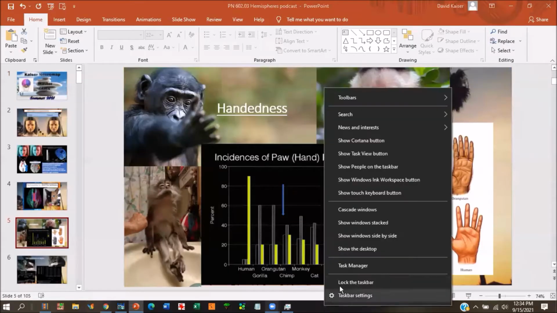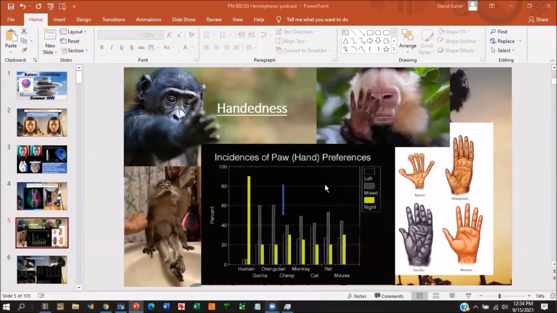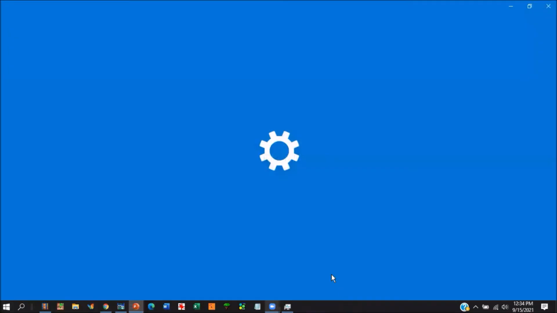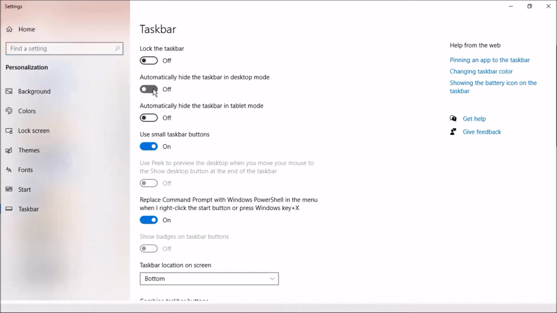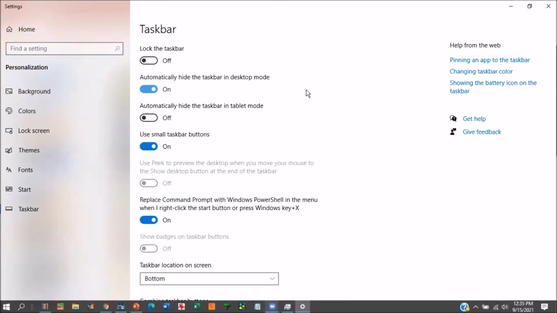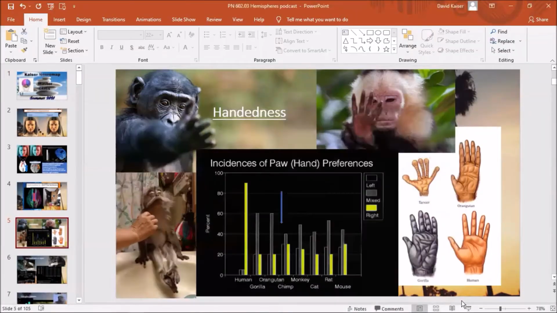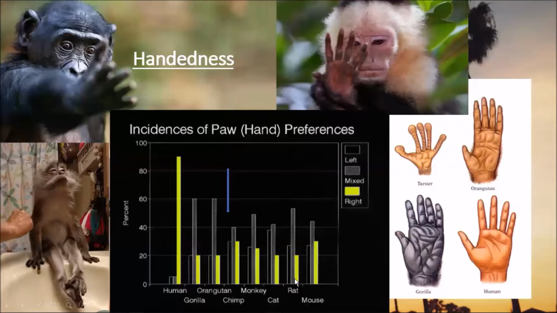Maybe I'll change my taskbar here, get it to hide. Oh, it's going to take a moment, sorry about that. I don't want the bottom being cut off, so automatically hide the taskbar. There we go. Let's see if that will work. Now I go maximum, and yes, beautiful.